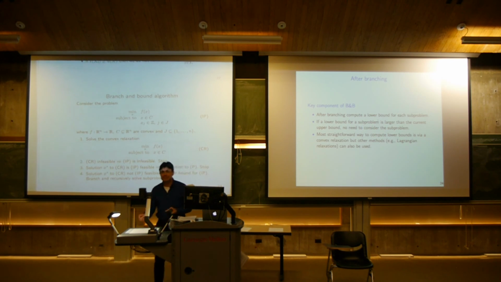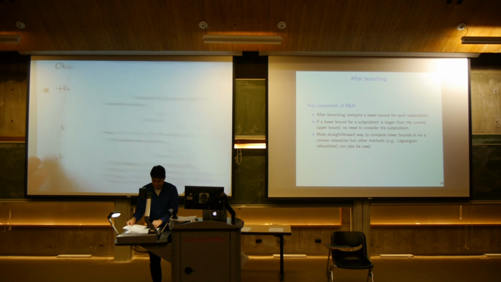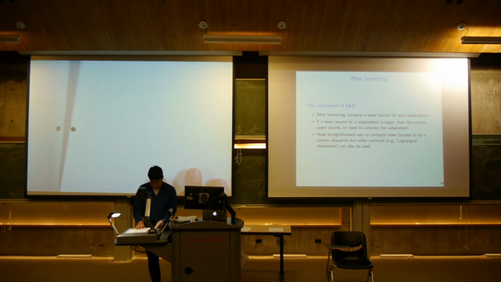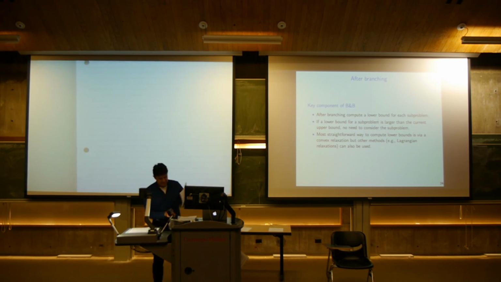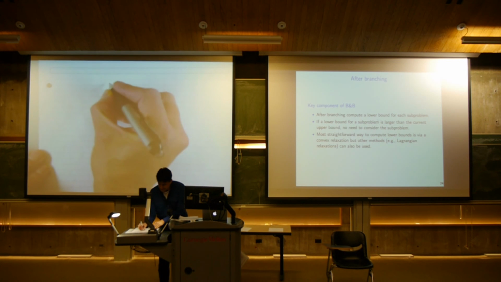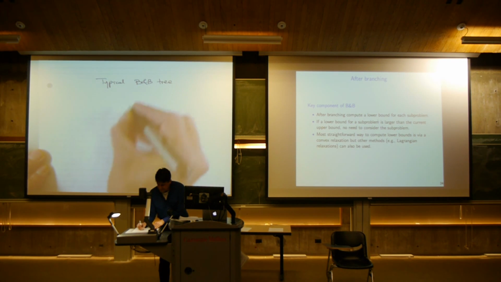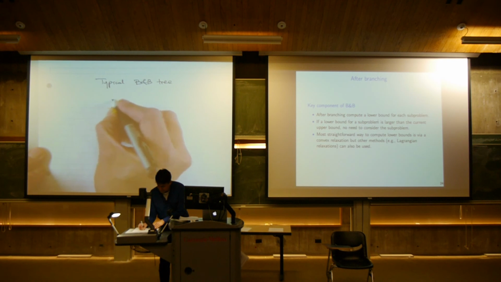So I just have a couple of minutes. Let me illustrate that with a picture. Here's how branch and bound will typically go, so this is a typical branch and bound tree. This is called the root node. This is the convex relaxation.